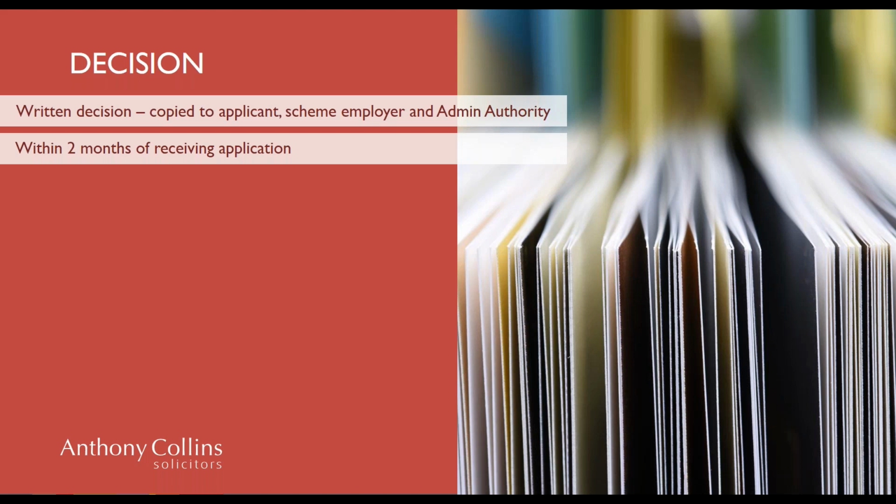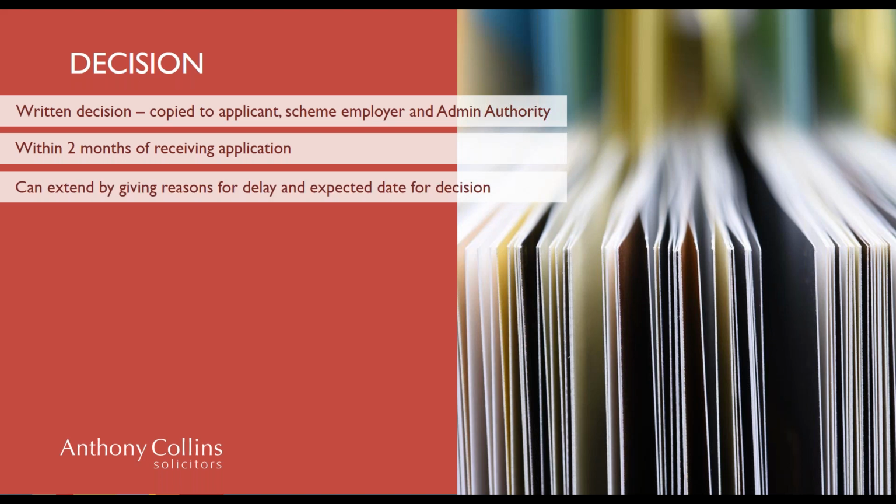2 months might seem like quite a long time, but actually it can be quite a short time if there's a lot of investigation to do. So there is also provision for extending. You can extend by giving reasons for the delay in reaching a decision, and also an expected date for a decision.